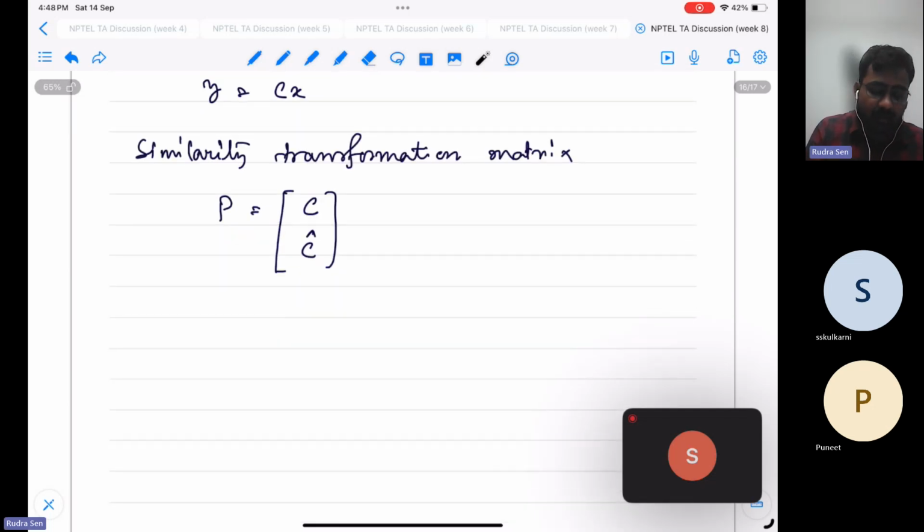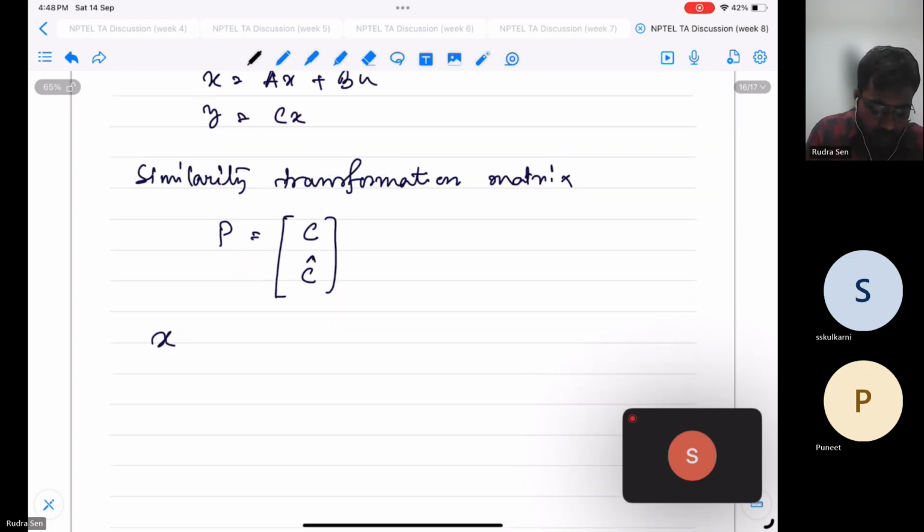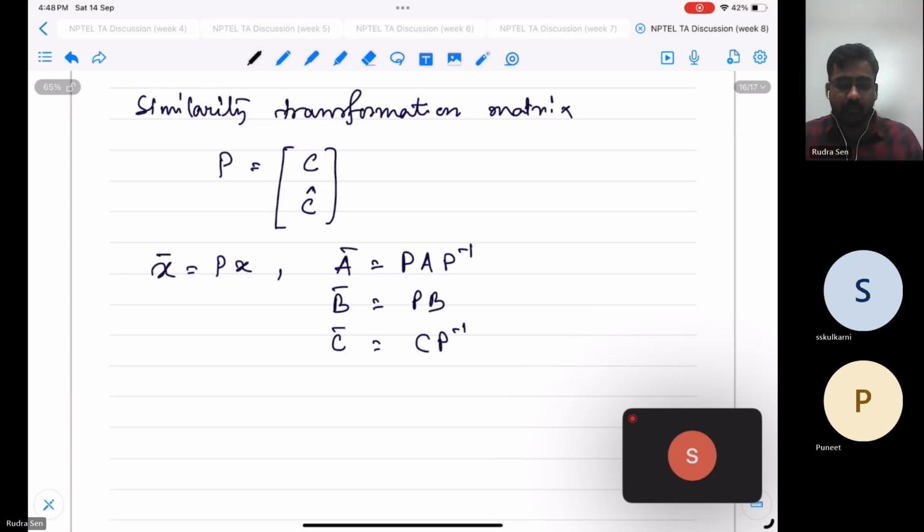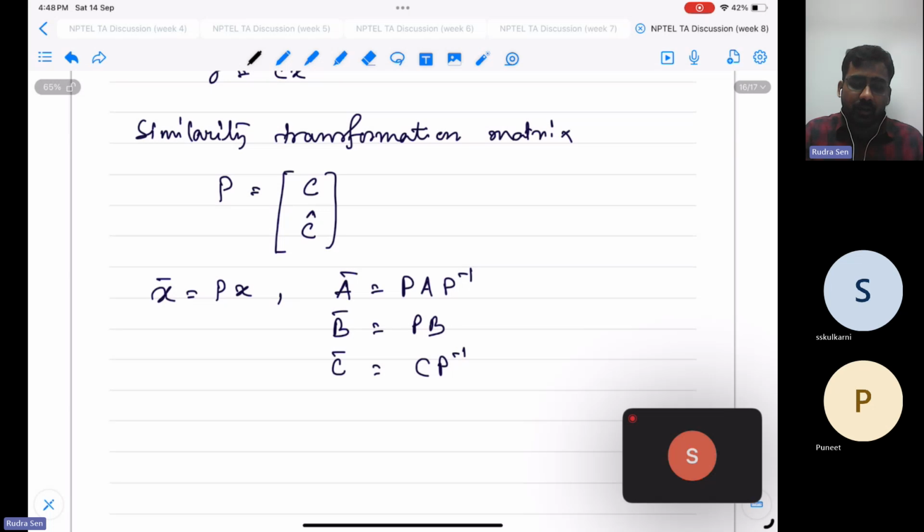Then the transformed system is x bar equal to P of x. Therefore A bar is equal to P A P inverse, B bar is equal to P B, and C bar is equal to C P inverse. After doing this, you get this kind of structure.